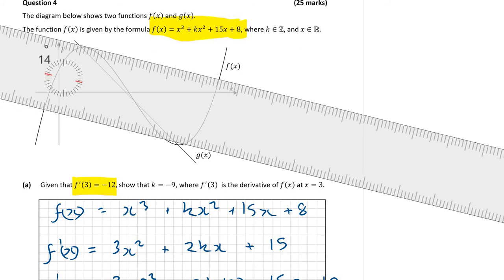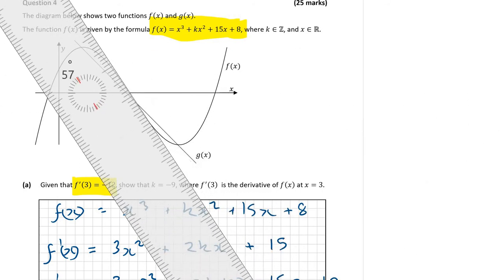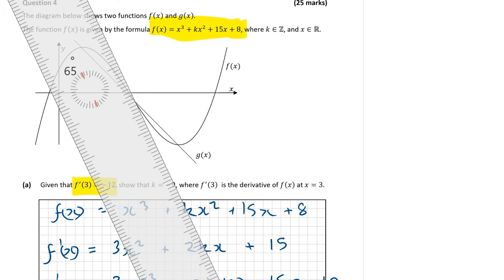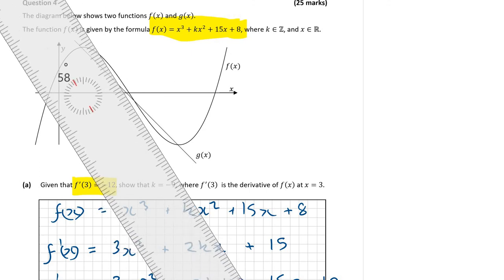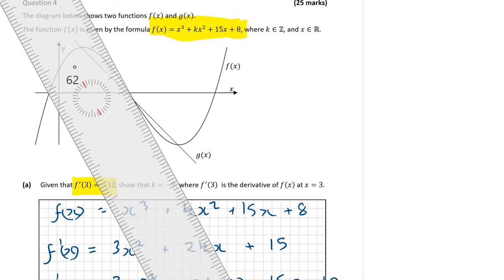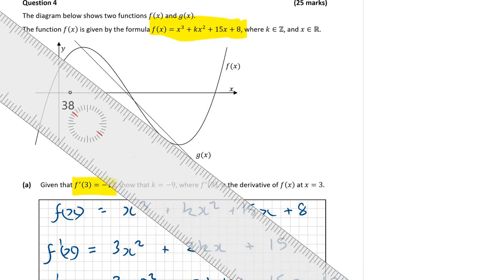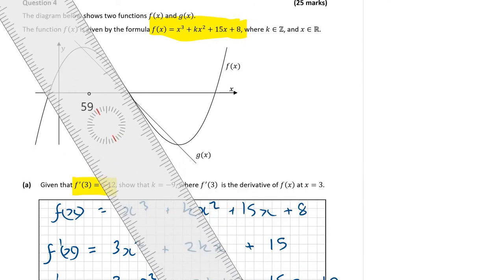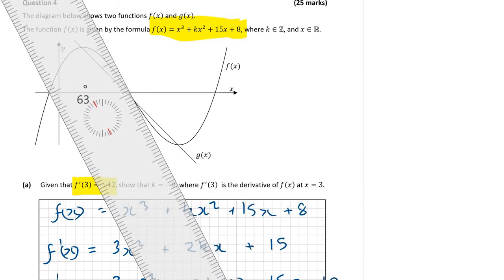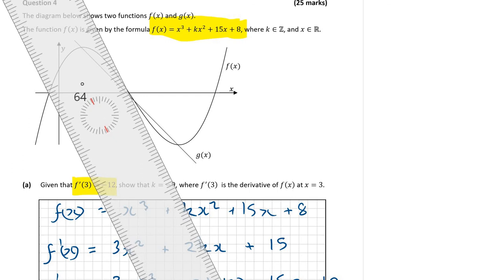Then suddenly the slope gets more negative. And as the slope gets more negative, there's a point at which it actually has to start getting less and less negative to go into its second turning point here. That point, where it changes direction essentially, is our inflection point.